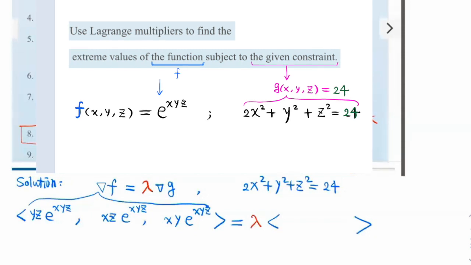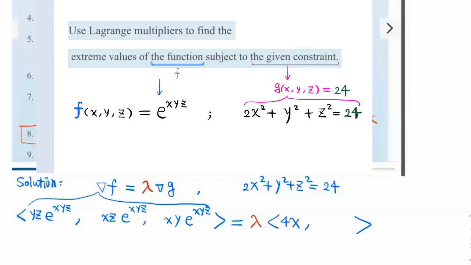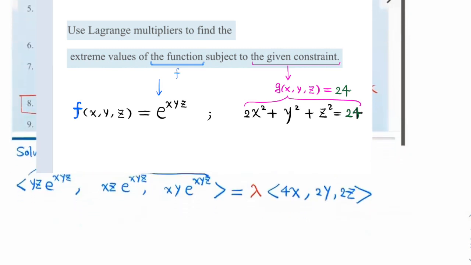The partial derivative with respect to x is 4x, the second one will be 2y, and this one will be 2z. Did I make a mistake? Not yet.